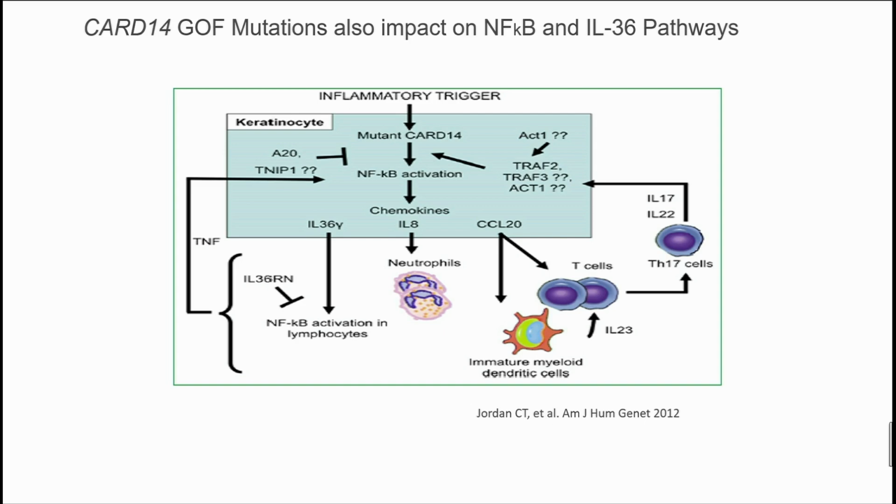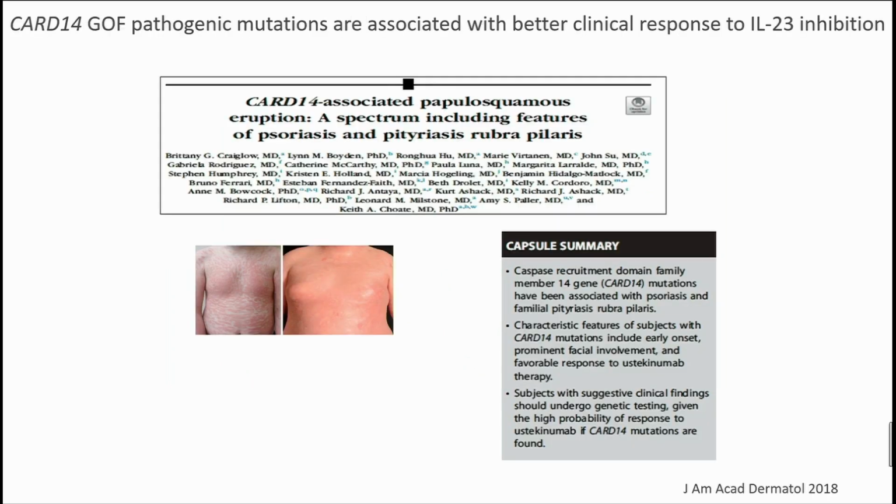But what was also very clear is that the Chinese paper and the paper by Lys French also provided some rationale for the privileged response to the IL-23 and IL-17 blockers of what has been called CARD14-associated papulosquamous eruption, a CAPE, but also of the cases of psoriasis vulgaris associated with CARD14.